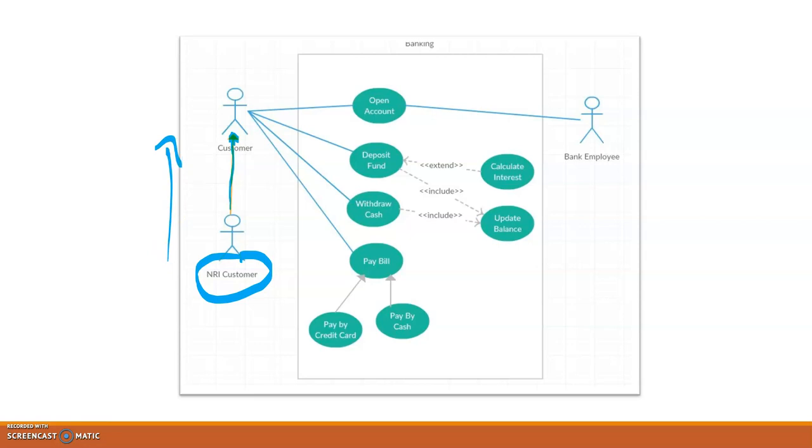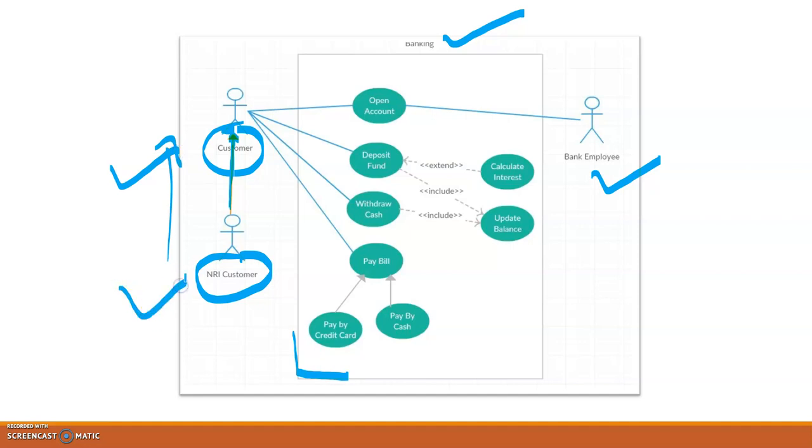That customer can be NRI or another type of customer, but ultimately this is the generalized form. So the generalized form is a customer. This is the generalized concept. So three things: first, the name of the system, then the boundary of the system, and actors or users.